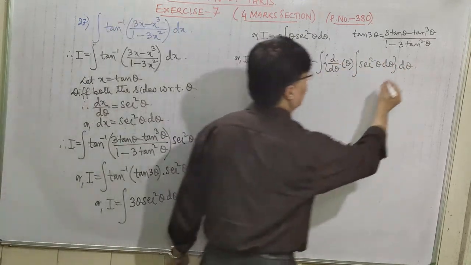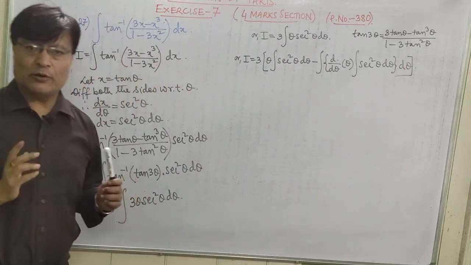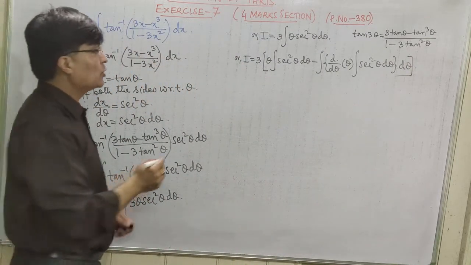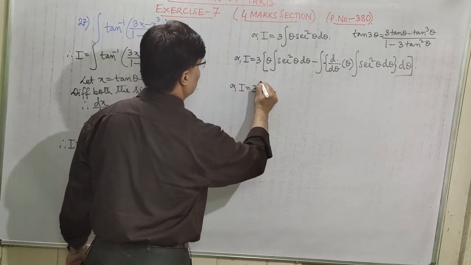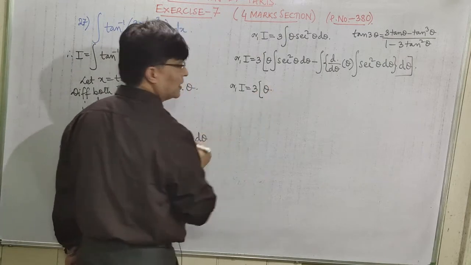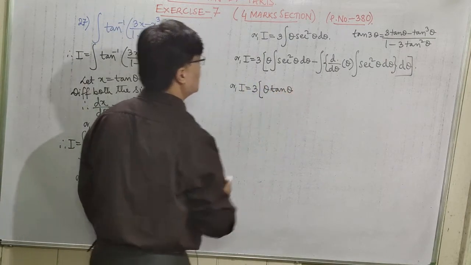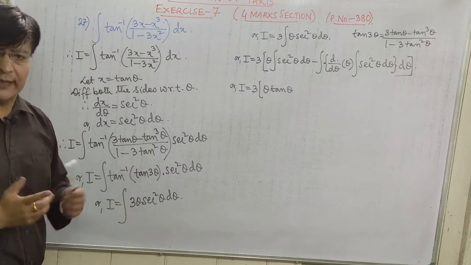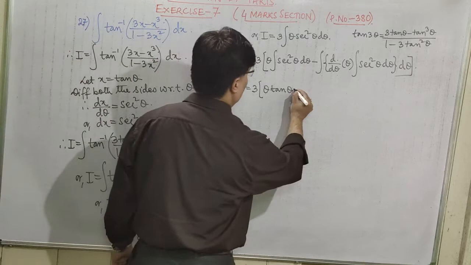Then third bracket is also closed. So I hope you have understood it. So let us simplify the expression within third bracket. So I is equal to 3 within third bracket theta into, what is integration of sec square theta? It is tan theta. That is, differentiation of which function is sec square theta? Tan theta. So integration of sec square theta d theta is tan theta.